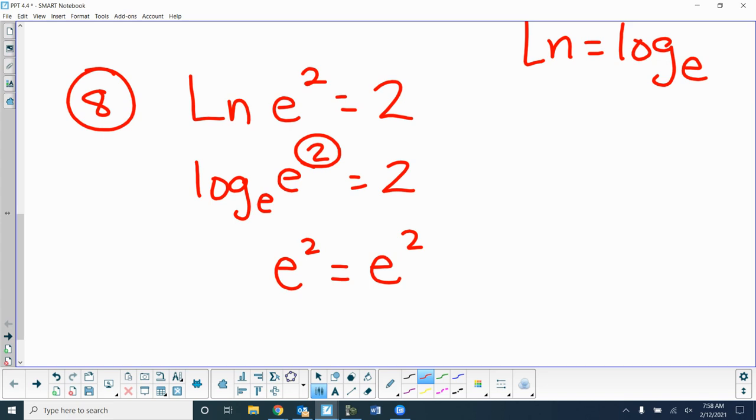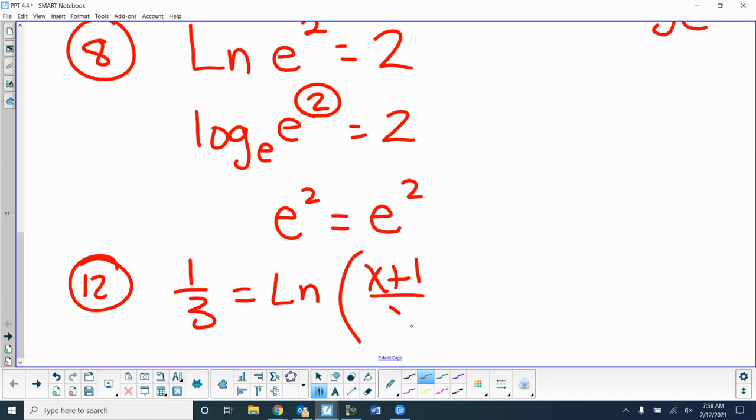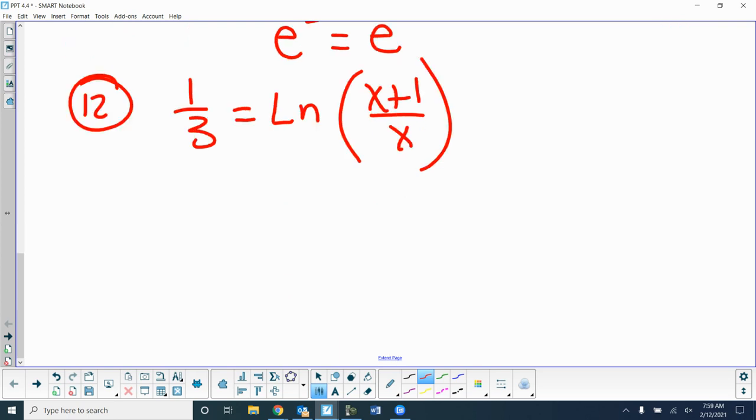Number 12 is another one of those natural logs. Okay, just so you get an idea. Here's the problem in logarithmic form. And, you know, what we did yesterday, we had the log part on the left, like this, and the number was on the right, okay?